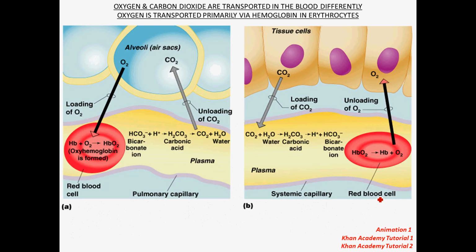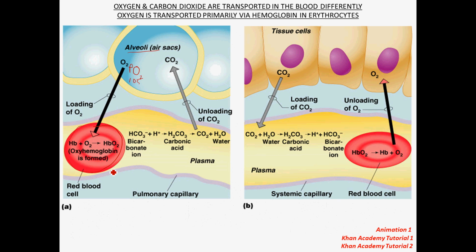So here we go, we'll take a look at this, what this looks like, image-wise. So here's your red blood cell inside the capillary, and here's the alveolar air sacs here. Again, to remind us that the PO2, the partial pressure of oxygen here, is about 105.